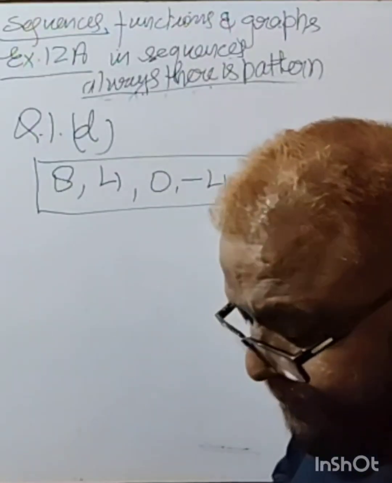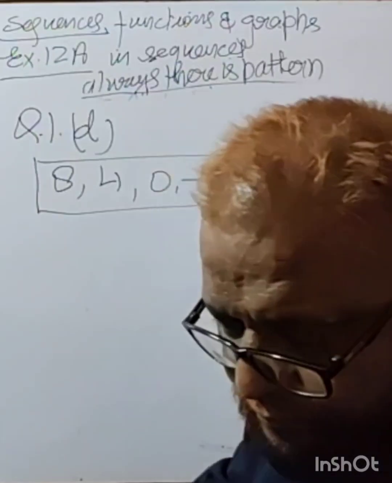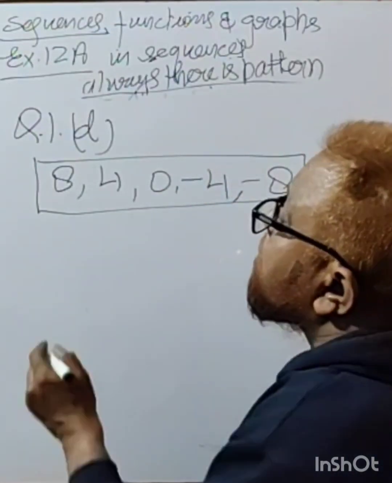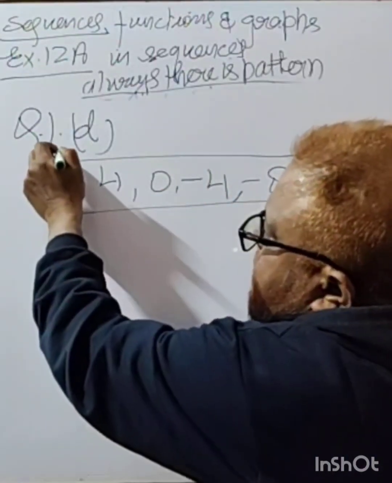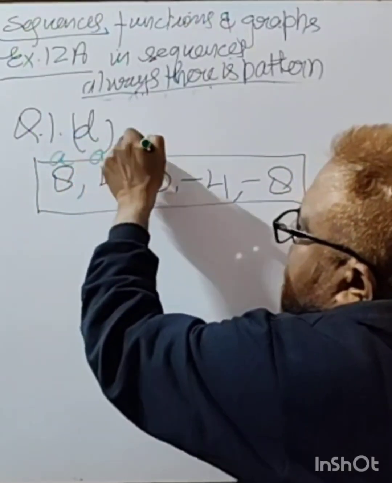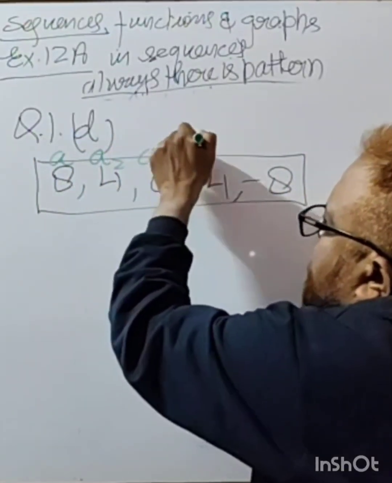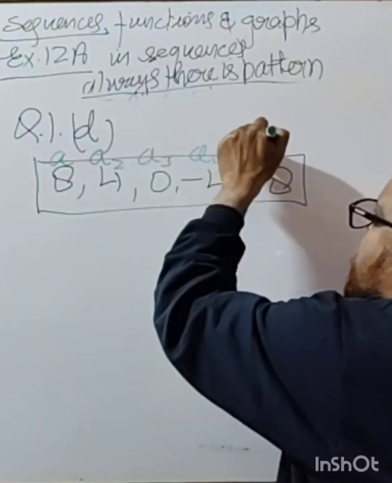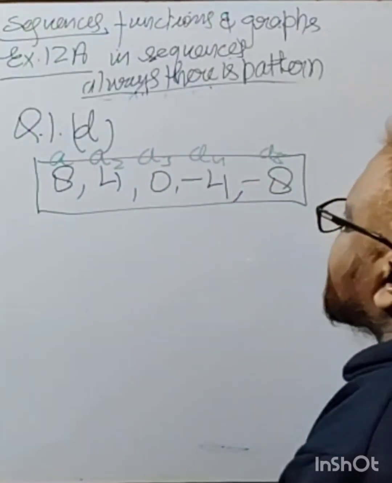If I take this as A, this is A2, this is A3, this is A4, this is A5.